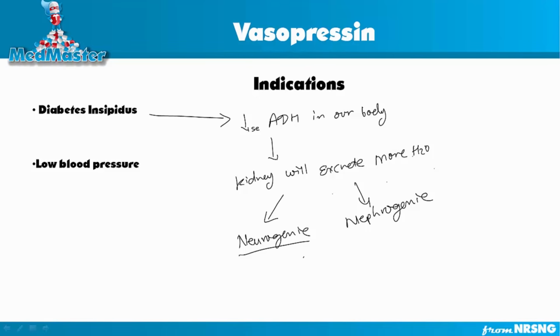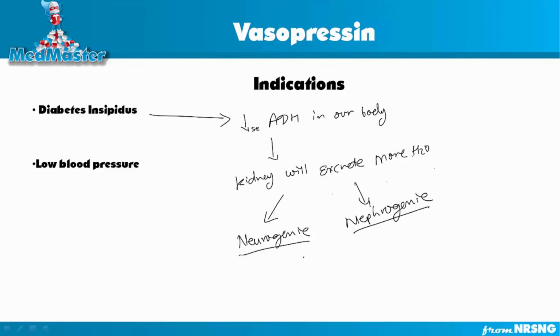And if your body doesn't have enough ADH, the kidneys are not going to be able to reabsorb more water from the collecting ducts, and that's how our body loses more and more water. That's basically diabetes insipidus. Also, since I work in neurocritical care, we see those patients a lot with neurogenic diabetes insipidus, since they have a tumor of the pituitary gland and they get a resection of the pituitary gland, then their body won't produce any more ADH because there is no pituitary gland left.